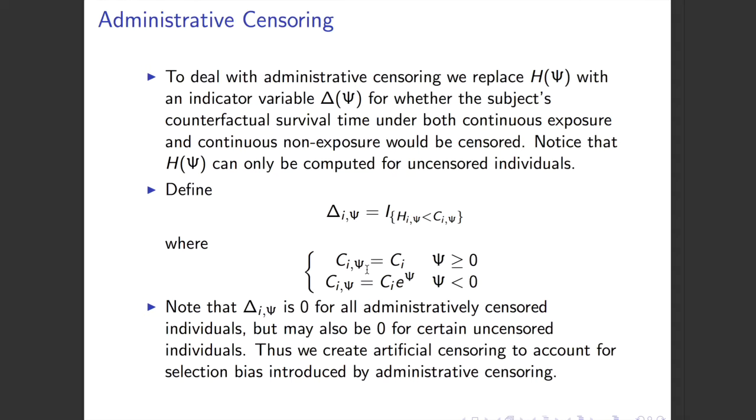Because for H psi we need the Ti, but for a censored individual we don't have that Ti. So it's a function of H of psi that we can always compute. The idea is that if H of psi is independent of treatment, given the past, then this function of it should also be independent, and it is computable.